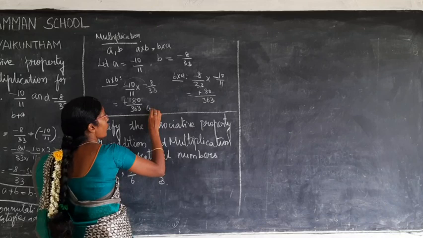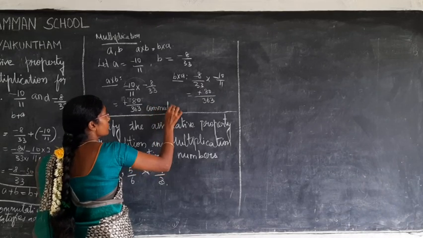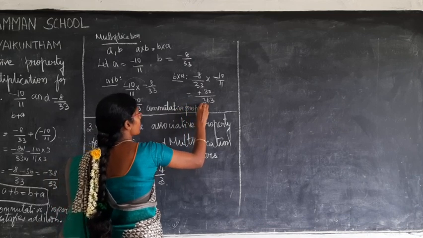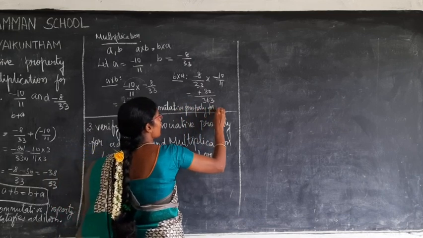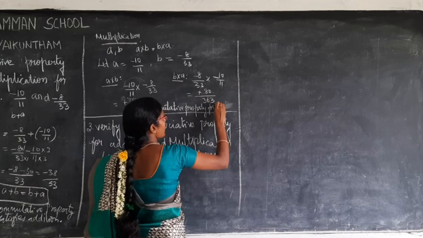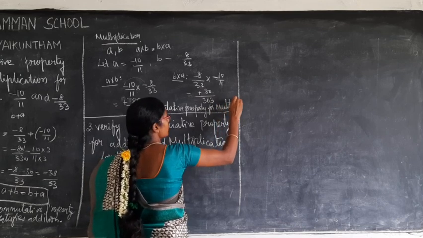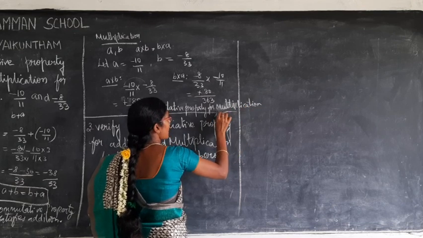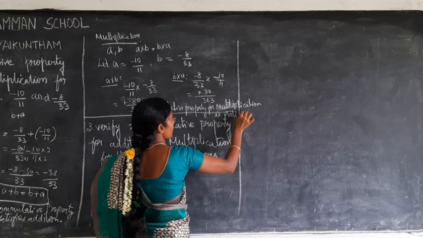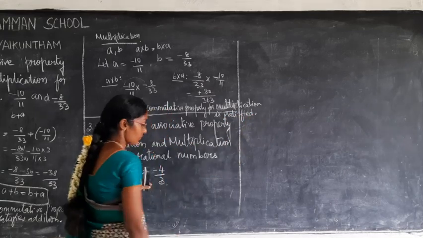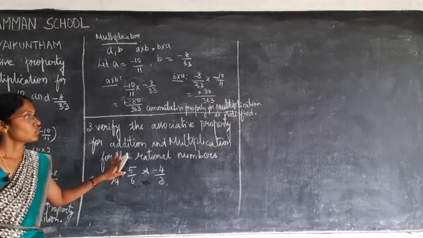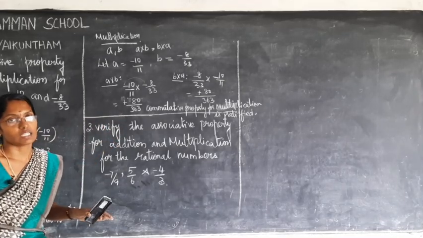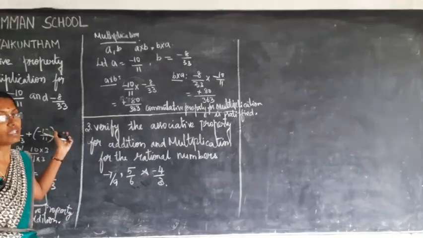So commutative property for multiplication is satisfied. Okay, clear? So commutative property for addition and multiplication is satisfied. It is verified by the given rational numbers.